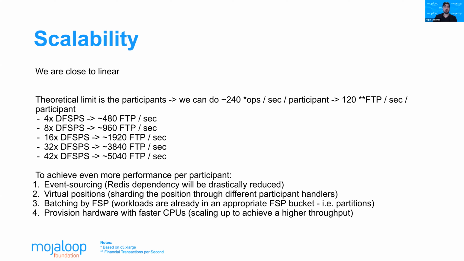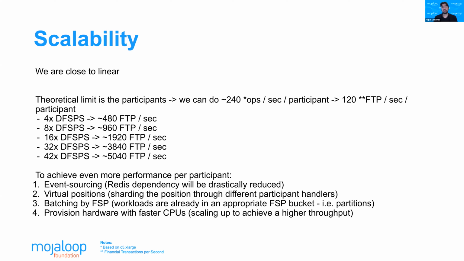It's also worth mentioning how we can do better, because I think we should be trying to do better without a doubt. From an improvement perspective, we want to focus more on the horizontal scalability of the solution, so this list is very much focused on that. One, we can do the event sourcing; since we're going to reduce the dependency on Redis, we believe this will definitely improve things.